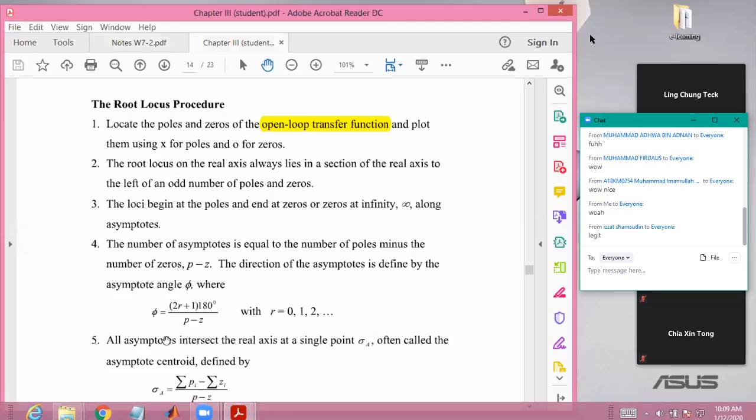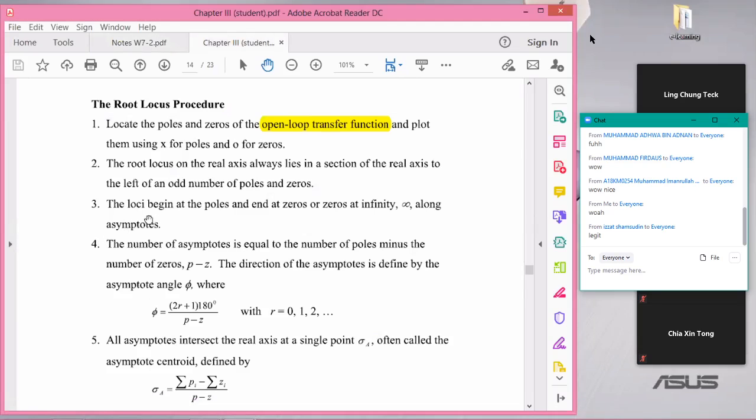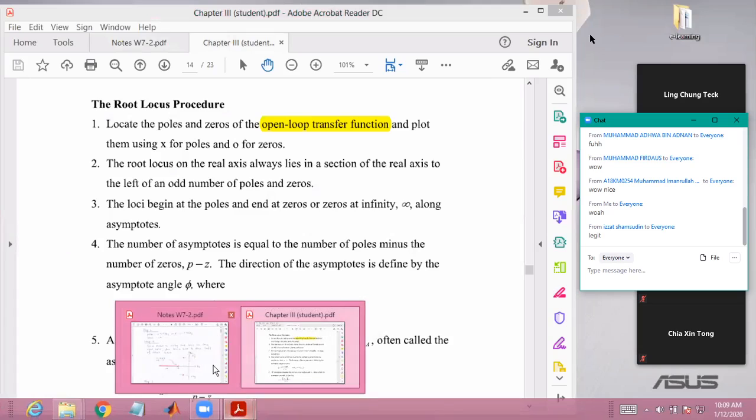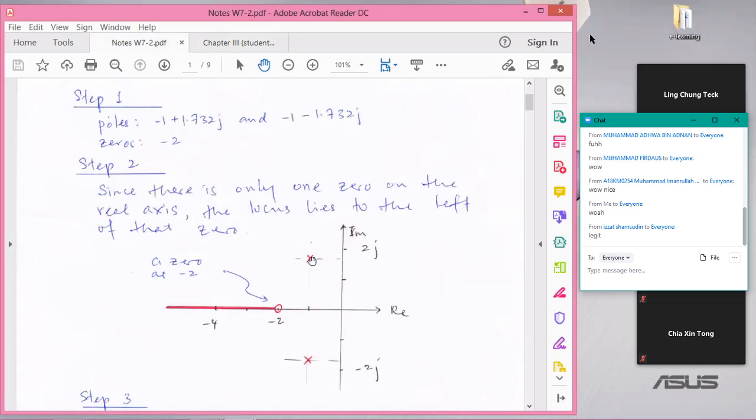And then if you go to step 3, the loci begin at the poles and end at zeros or at infinity. So our locus is going to start from these two poles, and one of them is going to end up at the zero at -2, and another one is going to end up at infinity.